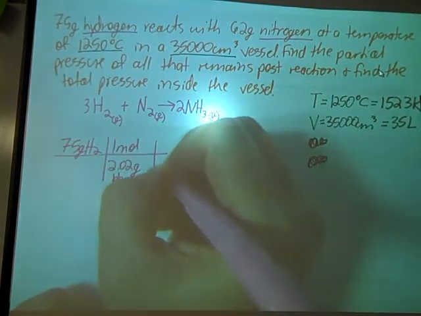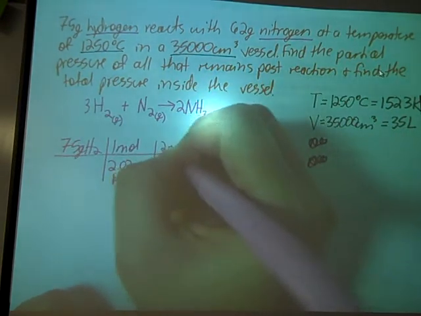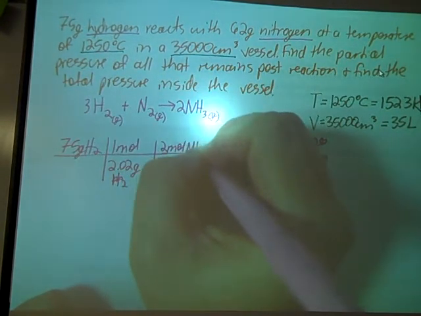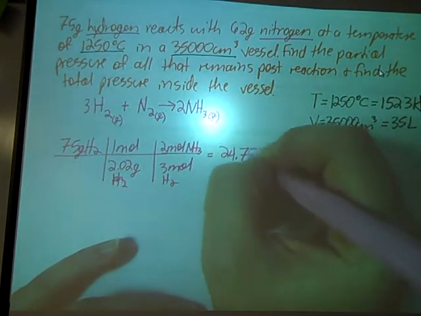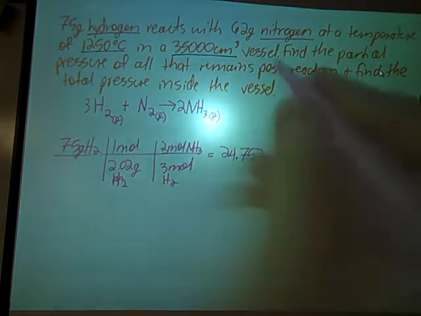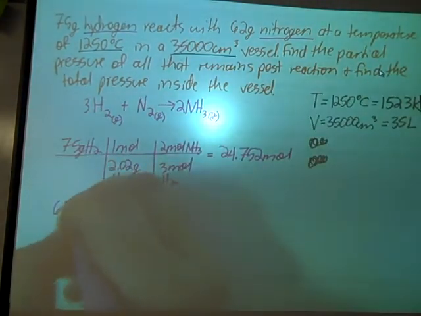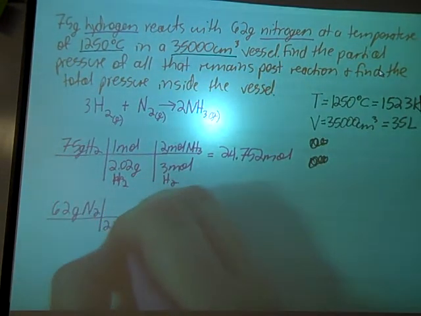Mole ratio helps us convert from reactant to product. And that is a very large number of moles. But I don't know yet if that's the limiting reagent. Let's go check out the nitrogen. Same deal. Convert to moles.